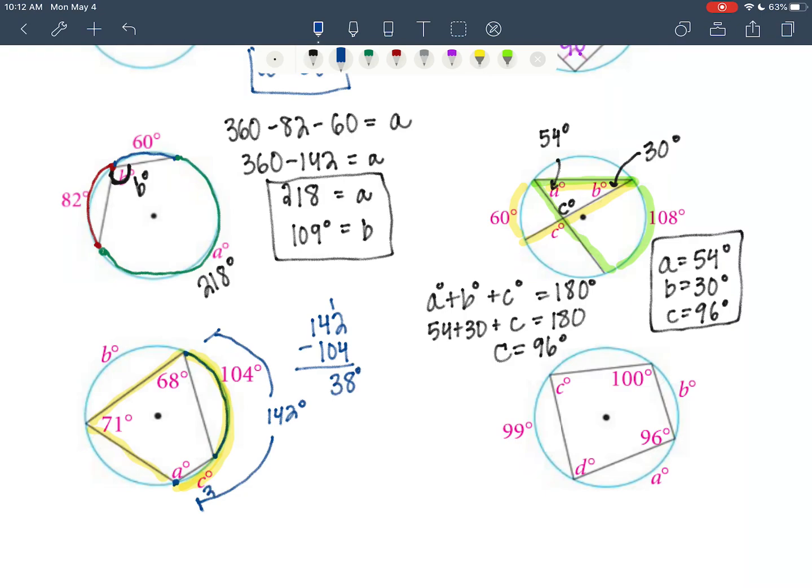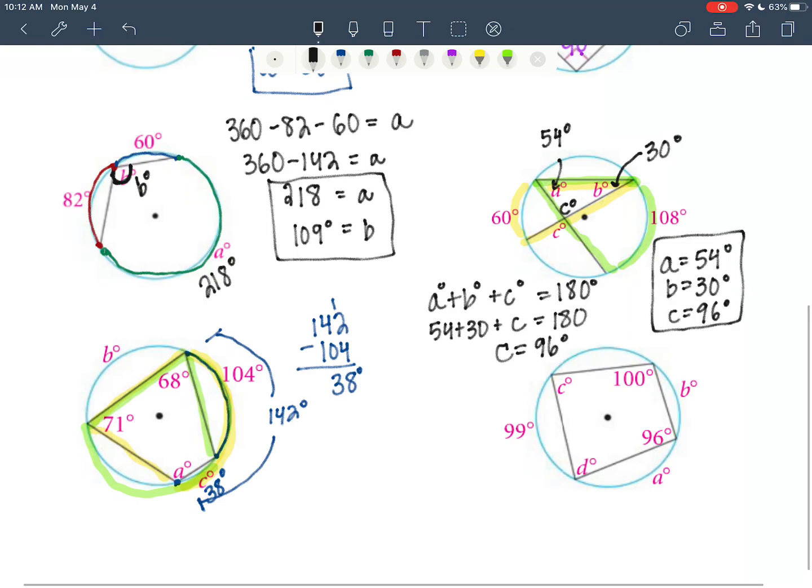So I get 38 degrees for C. Now that's good to know, because 68 degrees is attached to that arc right there, and 2 times 68 is 136.